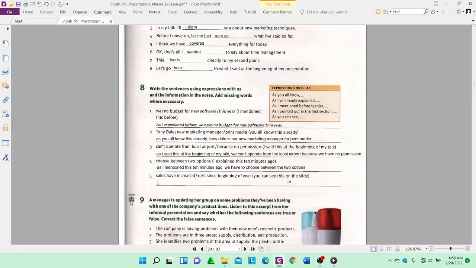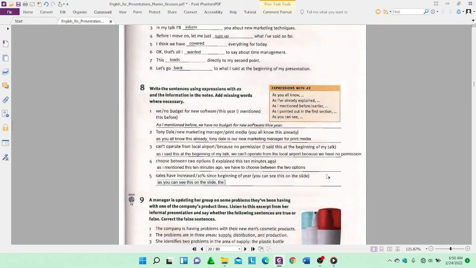You can see this on the slide. Oke, kita gunakan apa nih? Ya. As you can see this on the slide. Bisa juga ya. Oke. As you can see on the slide. Atau boleh juga diganti screen, if you use screen sama aja ya. Sales have increased. Apa misalnya?